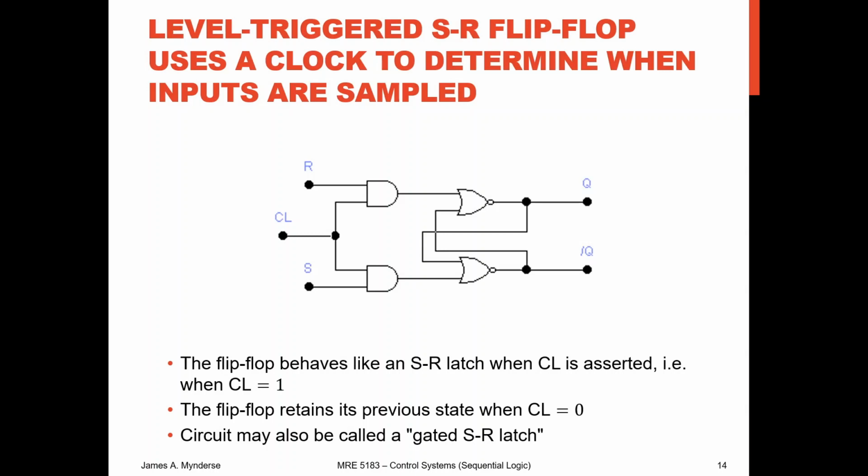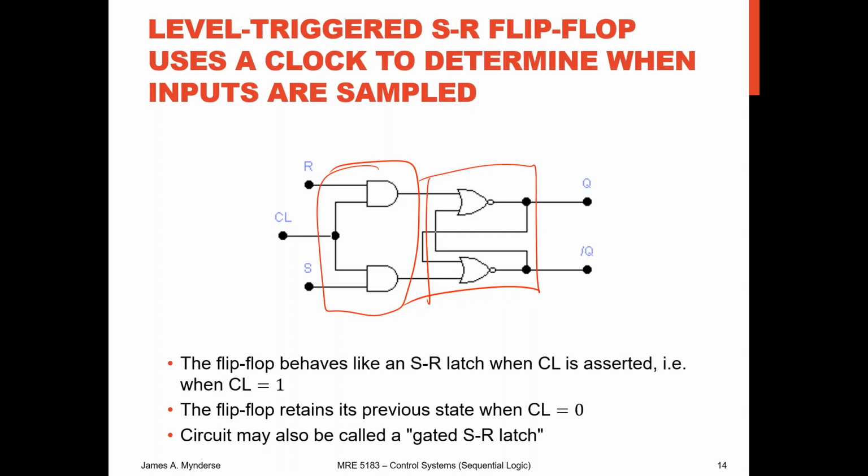So if we want to add in some triggering, we might add in level triggering. So level triggering added to our SR latch makes an SR flip-flop. So here's our SR latch. I've drawn it in there. And we're adding to it this block here. Notice that what we're doing is we're ANDing R and S with the clock signal. So when the clock is true, 1, then everything behaves just like it was before.